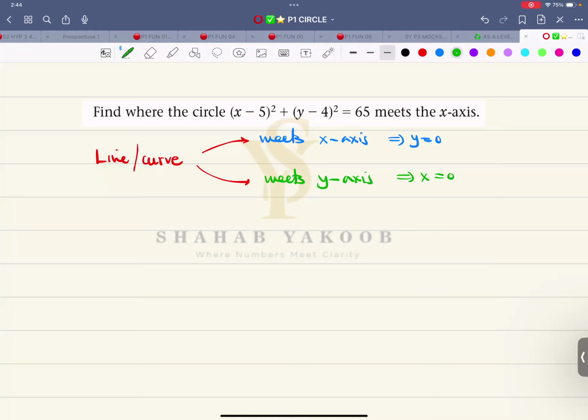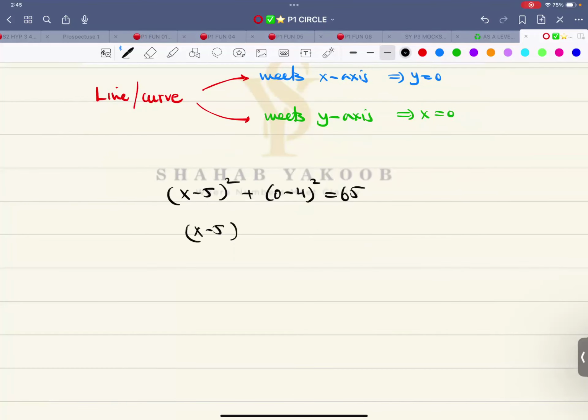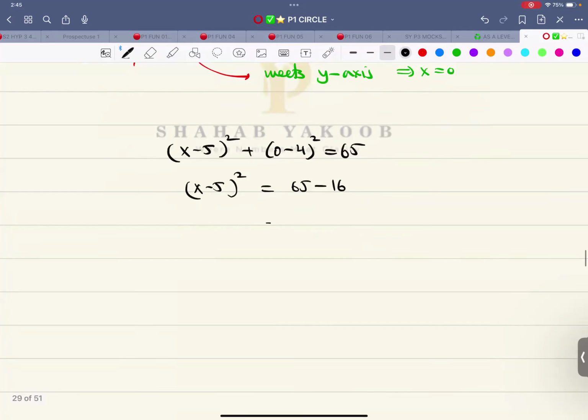Since they are talking about meeting the x-axis, we will write y coordinate as 0. (x minus 5) whole squared plus (0 minus 4) whole squared is 65, so (x minus 5) whole squared is 65 minus 16. This is positive 16 taken to the other side. That comes out to be 49.